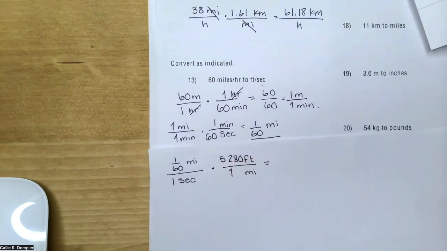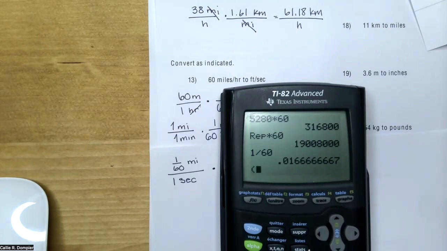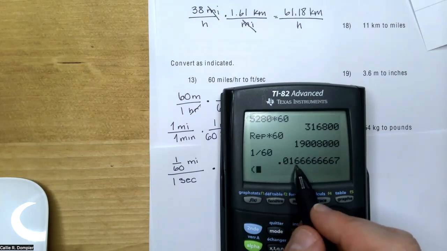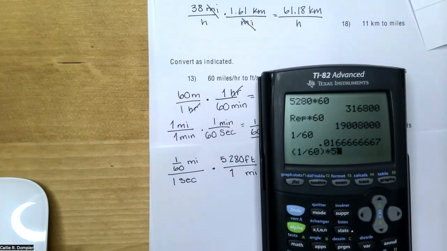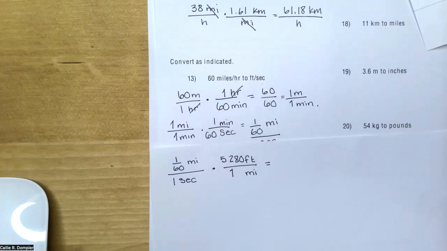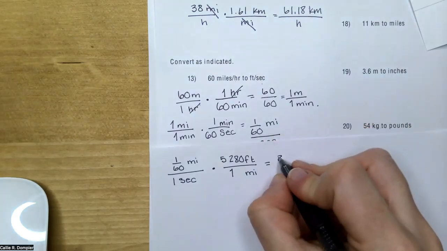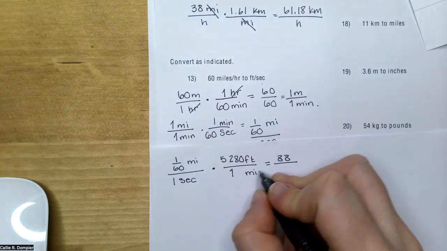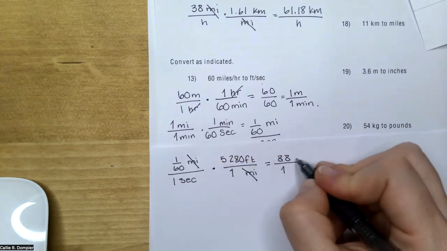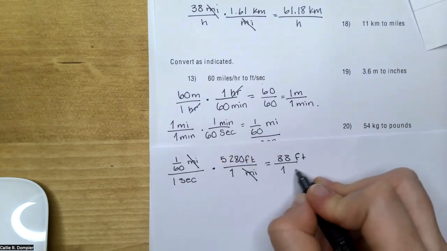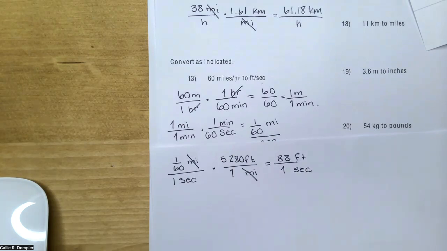Okay, so the reason I left that as a fraction is just so that I can multiply it as a fraction. So instead of putting 0.16, I'm going to put in 1/60th times 5,280 to get 88. 1 times 1 is 1. So the miles cancel, and we say 88 feet per second.